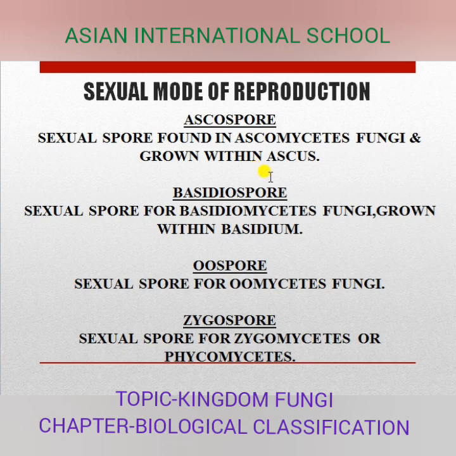In ascomycetes fungi, the spore is the ascospore, and the fruiting body within which the spores are generally produced is the ascus. Next, basidiospore. From the name we can understand this spore is commonly produced by another class of fungi, the Basidiomycetes, and they have the fruiting body, the basidium, and the basidiospore is commonly growing within that basidium. Third one, oospore.